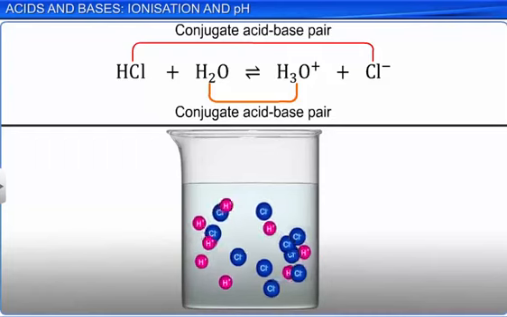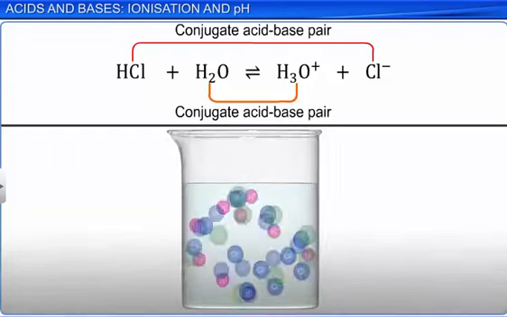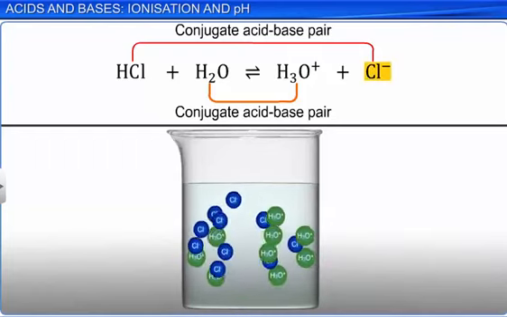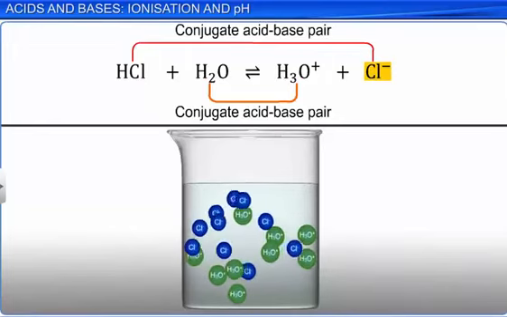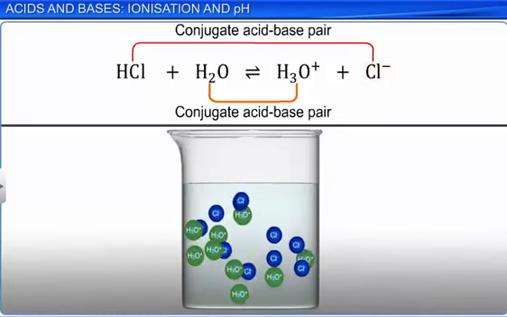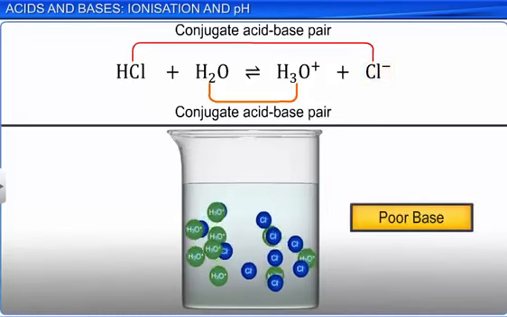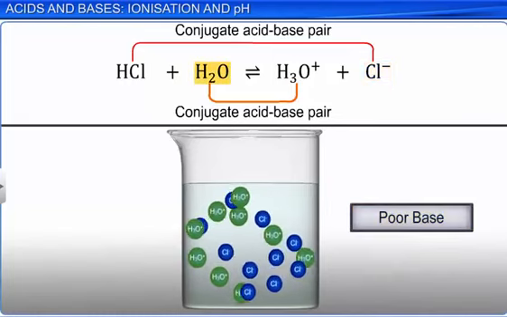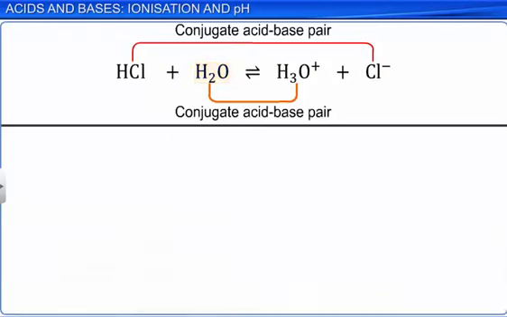This shows that the Cl- ion has very little ability to attract the H+ ions in the water, and thus is a very poor base compared to the water molecule. Hence, it follows that a strong acid has a weak conjugate base.